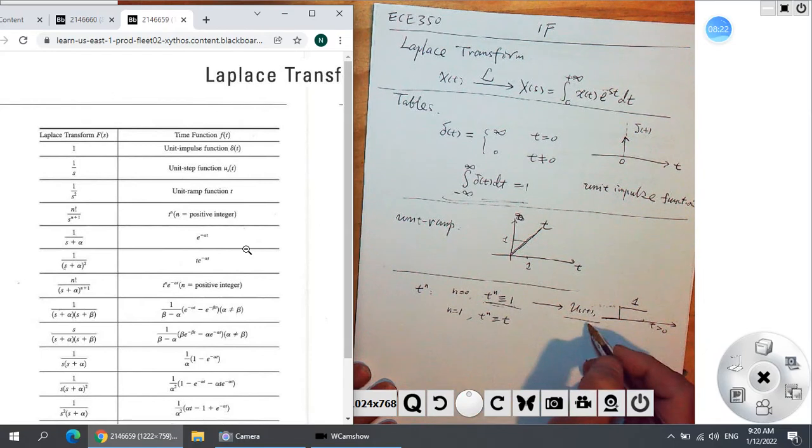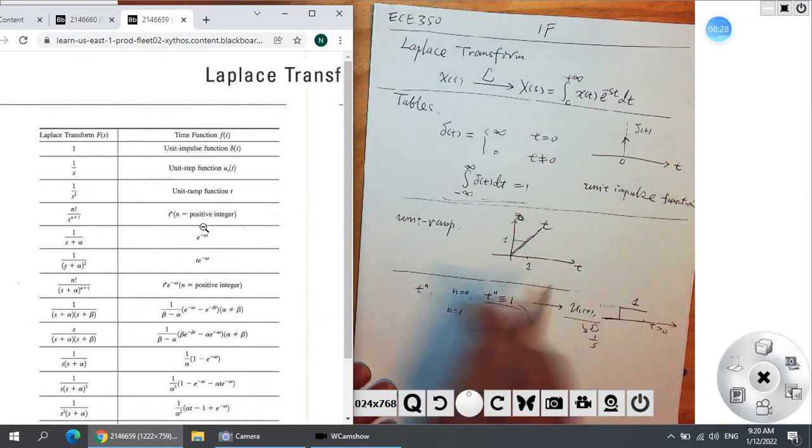And their Laplace transforms: this one goes to 1 over s, and this one by this rule, n is a positive integer. Now n is not just positive, 0 is also fine.